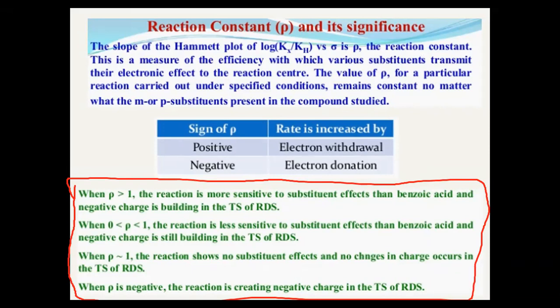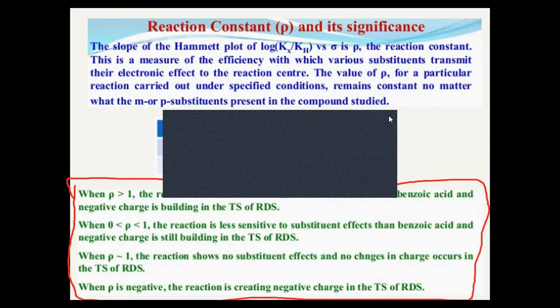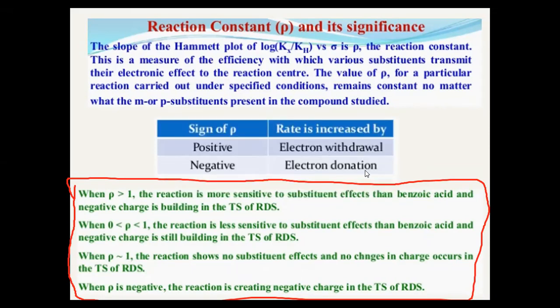If they have given some value of rho and it is positive, it means that the reaction is more sensitive to substituent effects than benzoic acid and negative charge is building in the transition state. अगर ट्रांजिशन स्टेट में नेगेटिव चार्ज बिल्ड हो रहा है, उसको स्टेबलाइज कौन करेगा? इलेक्ट्रॉन विड्रॉइंग ग्रुप. And therefore this hypothesis matches exactly.